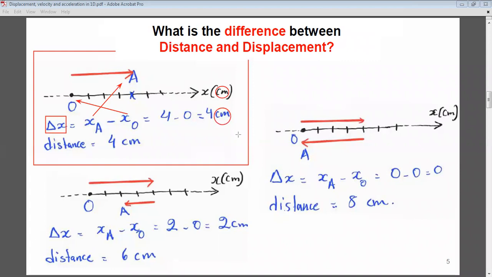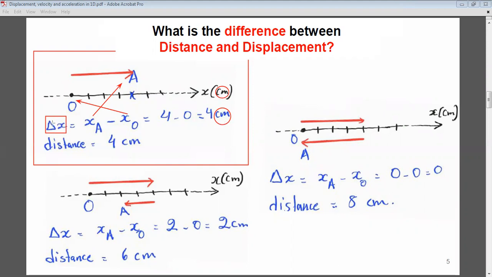Physics is not math. In math, we deal with numbers. In physics, we deal with numbers and the proper units. So displacement has the unit of distance, which is centimeter, meter, kilometer, depending on what we give as the unit of the x-axis.